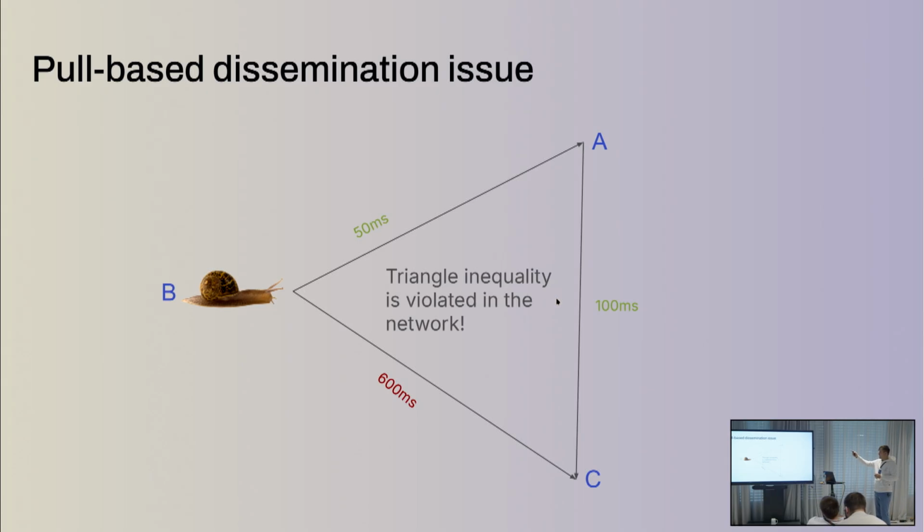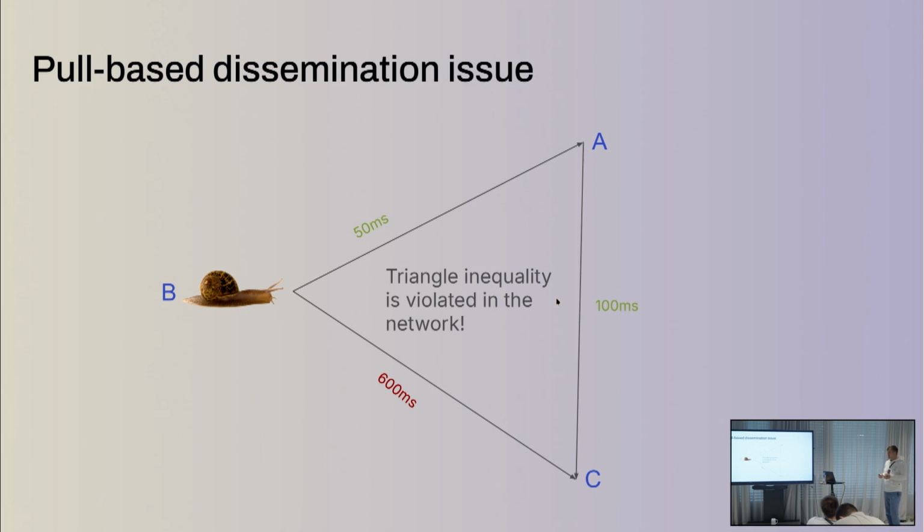For instance, again, let's talk about these three validators, B, A, and C. It could happen, and in practice it happens, say, every day, and even right now, that for block dissemination we could have a triple of validators such that propagating the block from B to A and from A to C takes less time than propagating the same block directly from B to C. This is what we observe even now, and because of that effect, if it happens for some triple of validators, then we already decrease the number of blocks produced every second.